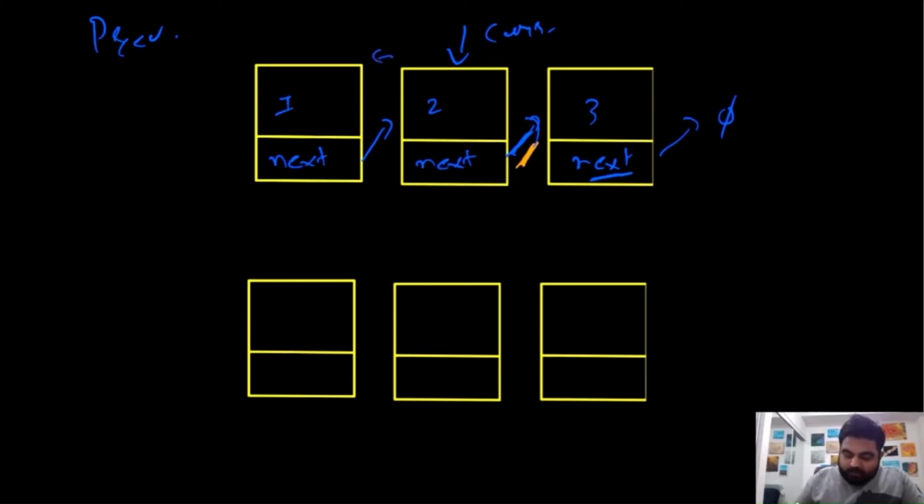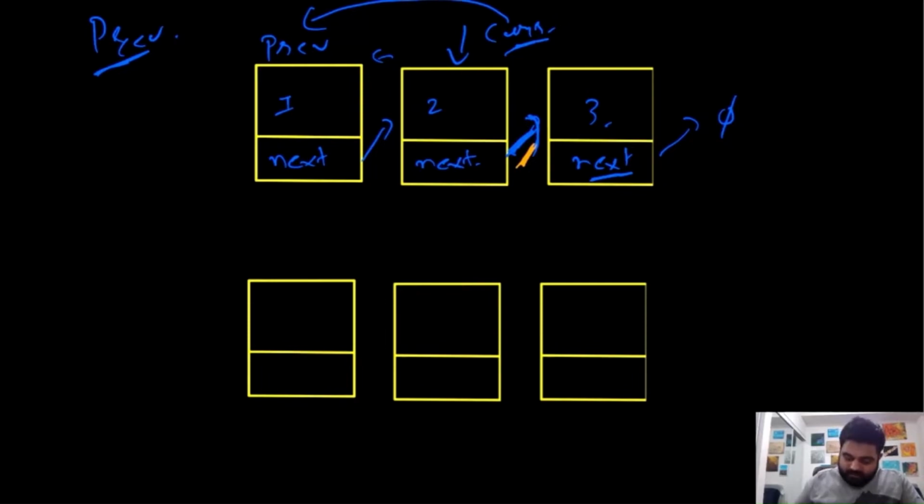So we are going to keep track of a previous node that will always be behind this current node. In this case this would become our previous node, and currently current dot next is pointing towards this node 3. Rather than current dot next pointing towards this node, we are going to have current dot next point towards the previous element, and we are going to do this iteratively for all the values.